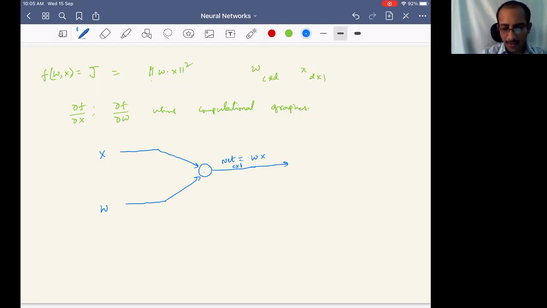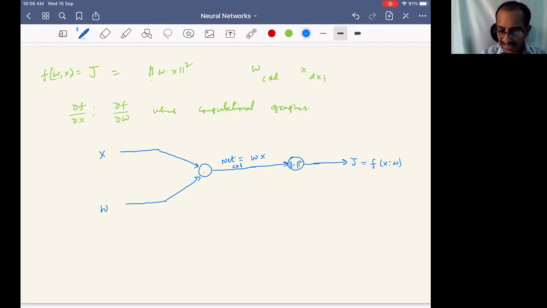And how do I get J or F? It's the norm of that column vector. So what should be the operation here? It's the square root of the sum of the elements. Actually, it is just finding the norm square.